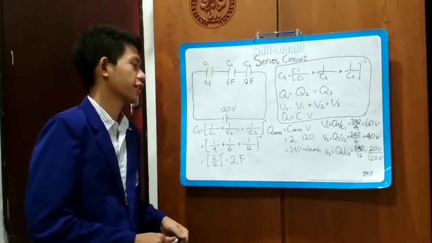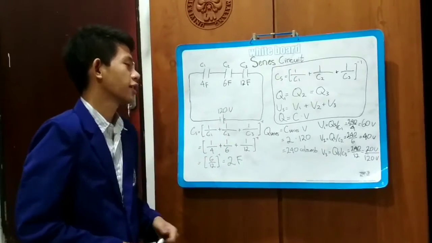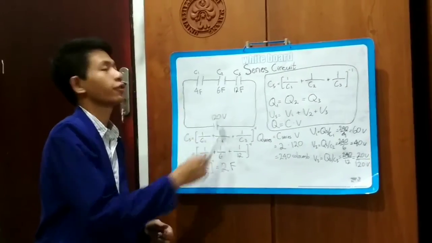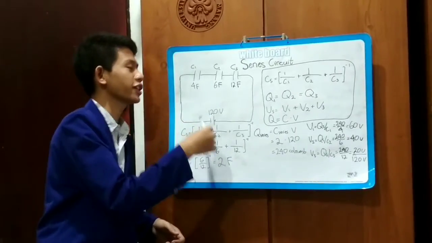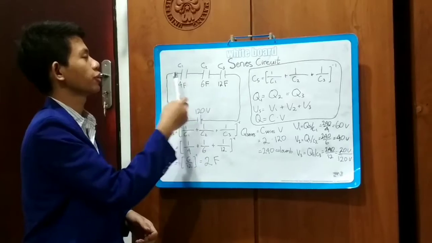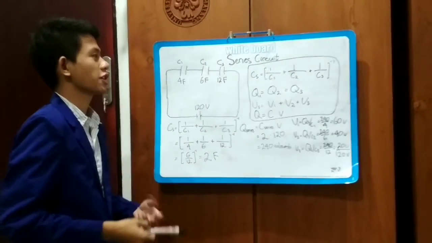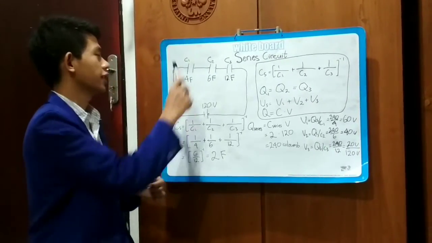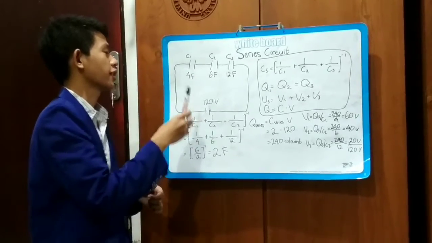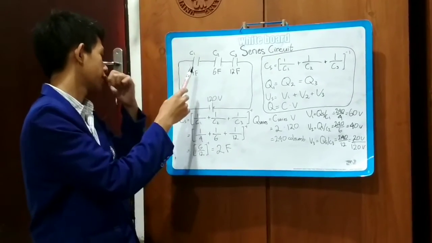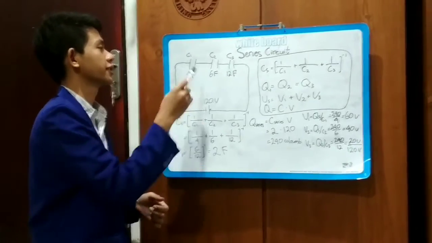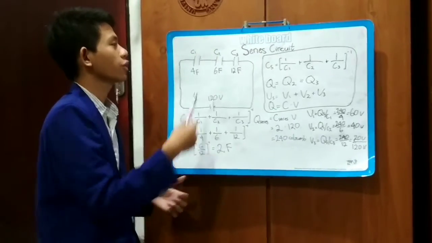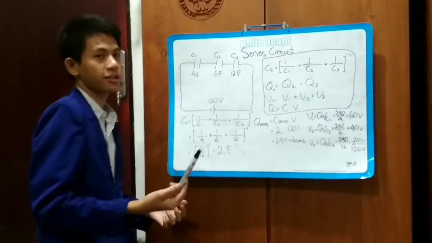This is the battery, and the voltage of the battery is 120 volts. This battery is attached to 3 capacitors, which are in series circuit. So let's call it C1, and the value of C1 is 4 farads, and the second capacitor, let's say C2, and the value of C2 is 6 farads.